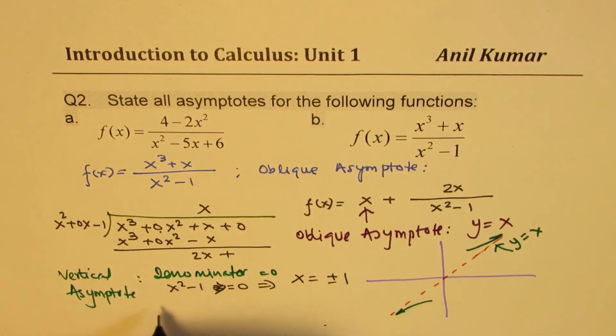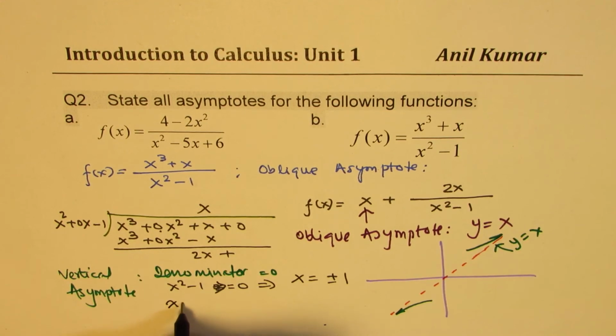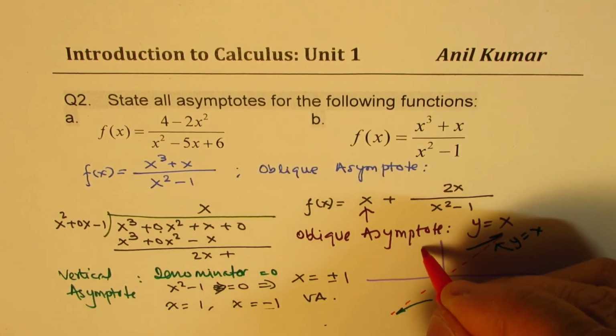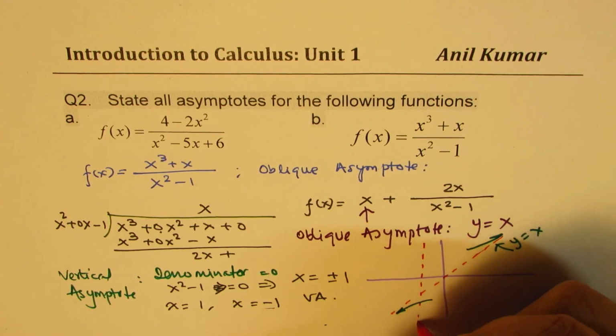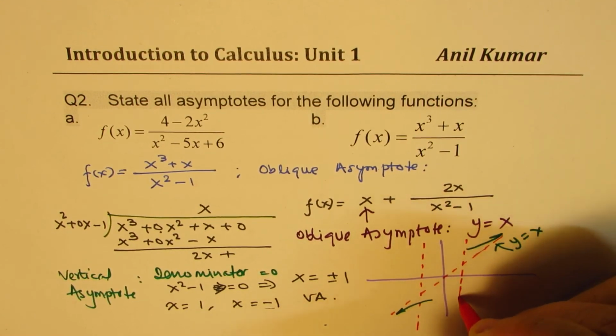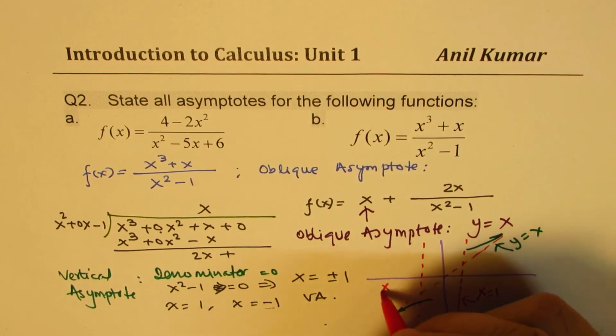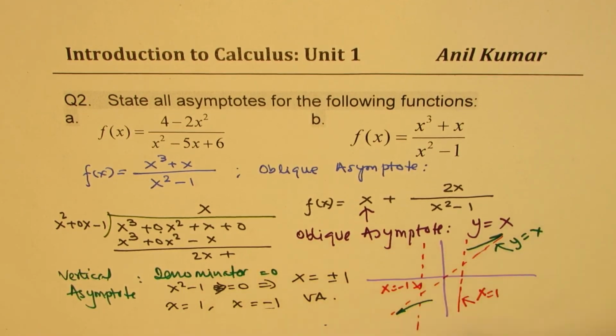So we have two vertical asymptotes. One is x equals 1, the other one is x equals minus 1. So these are two vertical asymptotes, correct? On a graph, they will be sketched kind of like this. So these are the two vertical asymptotes, x equals 1 and x equals minus 1, correct?